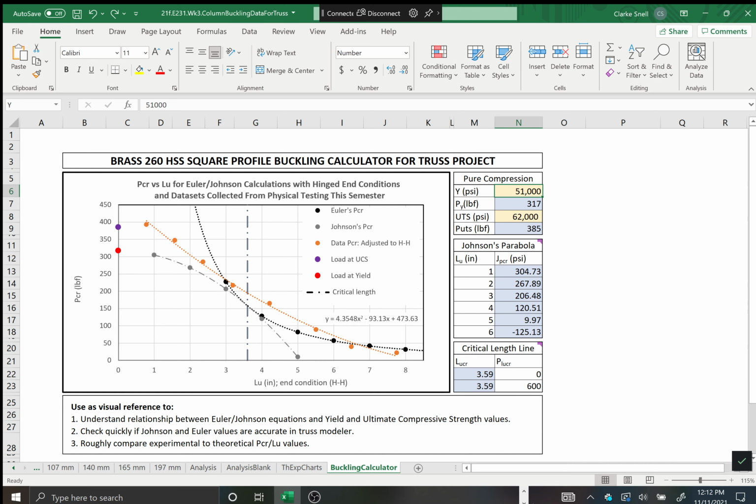It's another equation that has to do with Euler's, with E and Y. So then you can solve for L. And so you can say slenderness ratio equals critical slenderness ratio, solve for L_u, which is going to be the critical length, okay? So some people are doing this by solving for the slenderness ratio, that's fine. But it's really important to understand that that's all you're doing in the truss analyzer, or in your truss modeler.